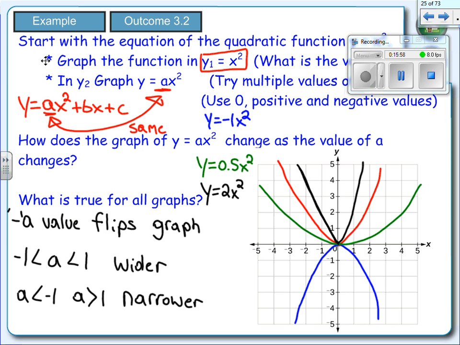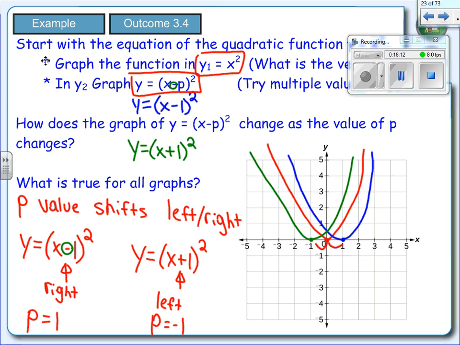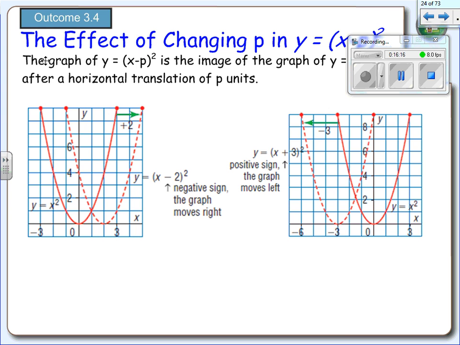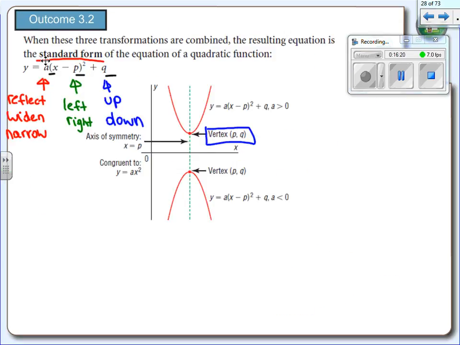The vertex was always right there at 0, 0. The only way that the vertex moved was when we were doing horizontal translations and vertical translations. We can then understand that our vertex will move the same way that P and Q are. So your vertex actually is P, Q.